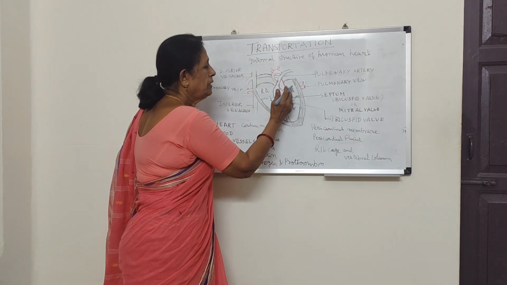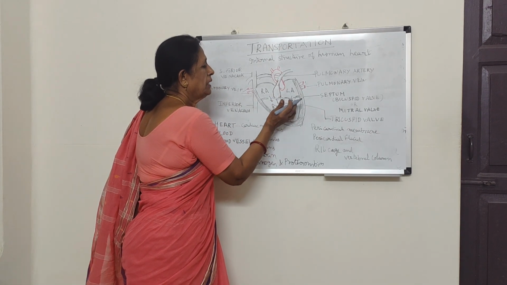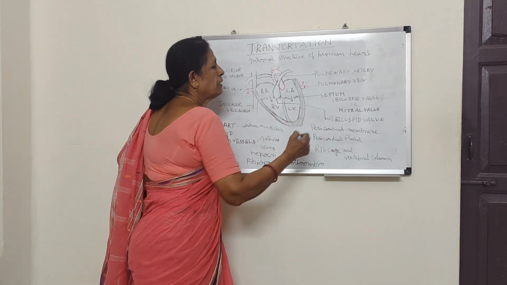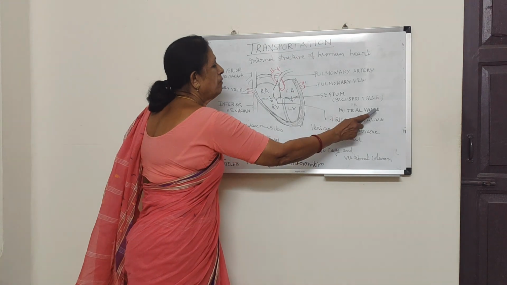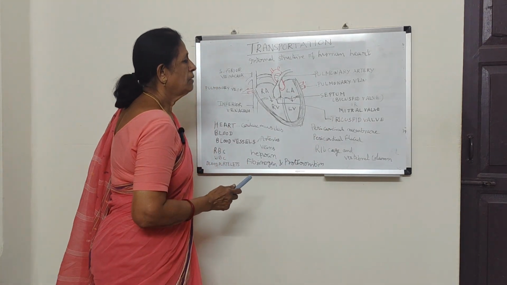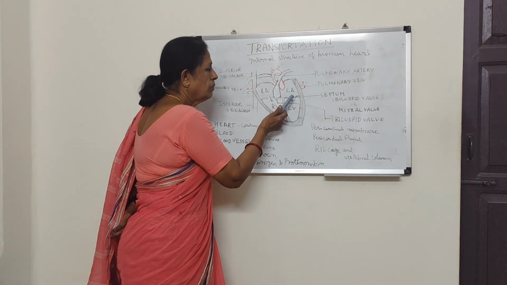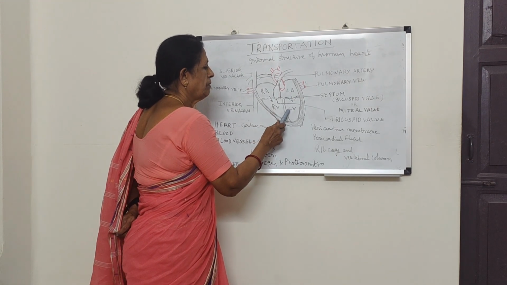When the blood flows from the left atrium to the left ventricle, the valve closes. What is the valve? The bicuspid valve, also called the mitral valve. This valve closes and the oxygenated blood enters into the left ventricle.